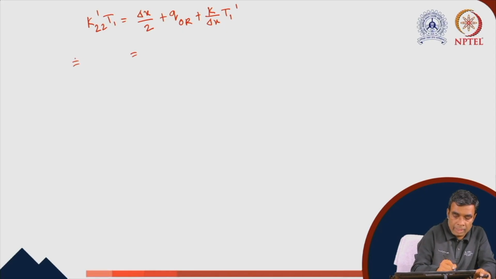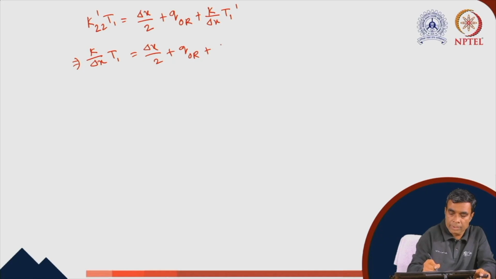So our K221 is K by delta x into T1 equals to delta x by 2 plus Q0R plus K by delta x into T11.